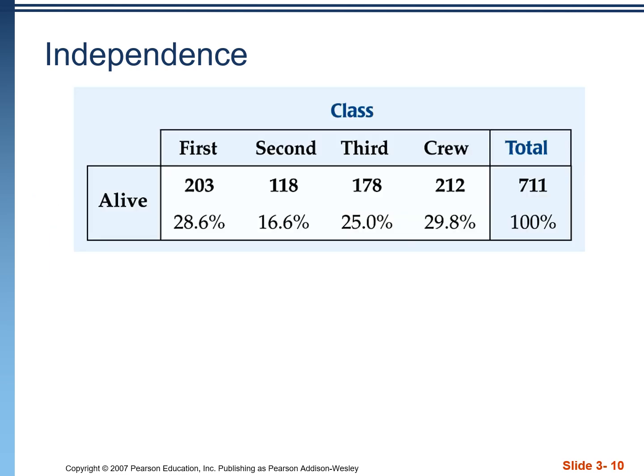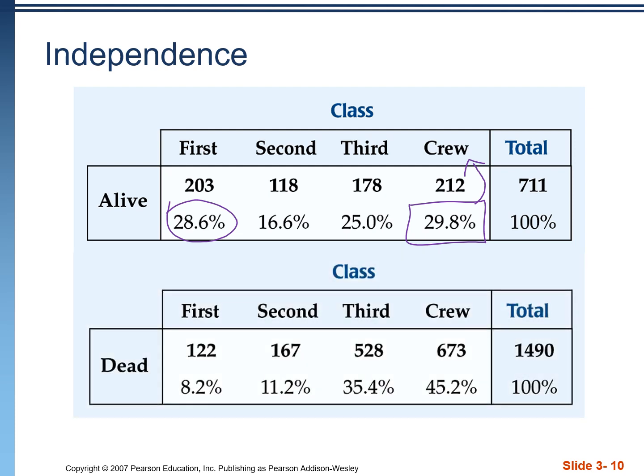So let's go back to that conditional distribution of survivors. Here we can see that 28.6% of the survivors came from first class. And over here, 29.8%, a larger number, came from the crew class. So this seems to be suggesting that you're not more likely to survive being from first class. However, that's not the case. We're just making a classic error of not looking at the full picture. So if we pair this with the conditional distribution of the deceased, out of 1,490 deceased, 122 came from first class.